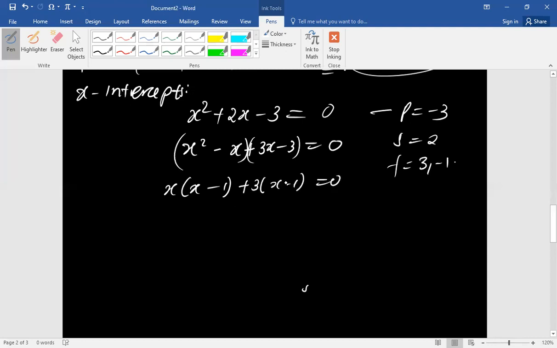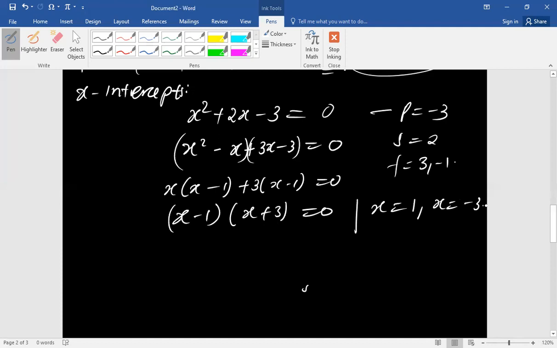Here x minus 1 is common. So we have x minus 1 outside, then x plus 3, equal to 0. So we have factorized. This means that x is equal to 1 or x is equal to -3.